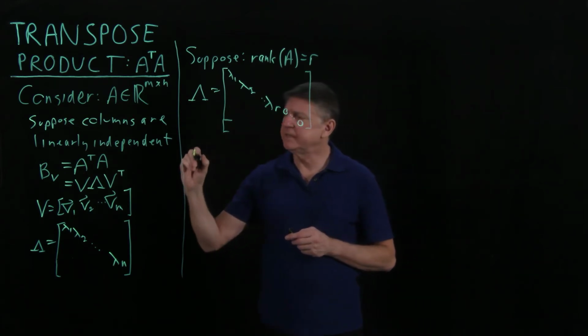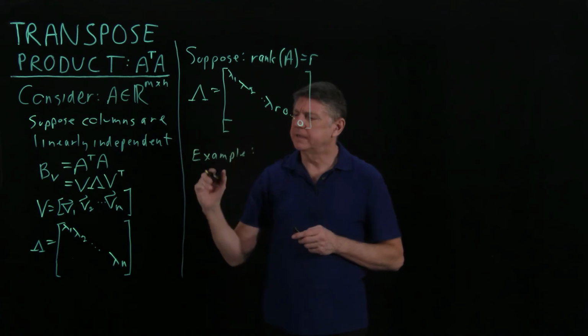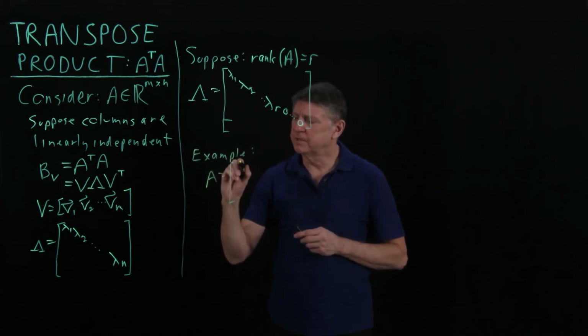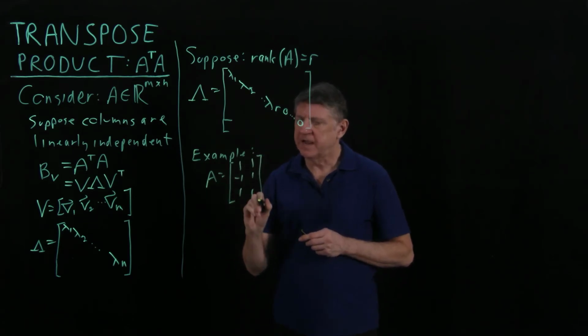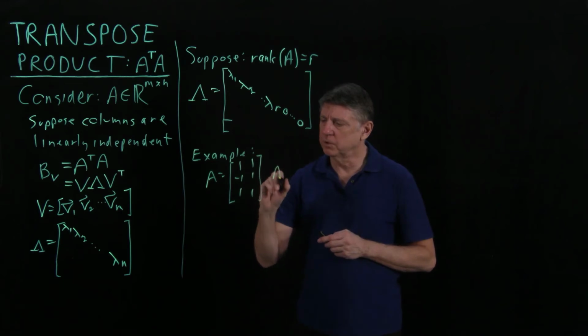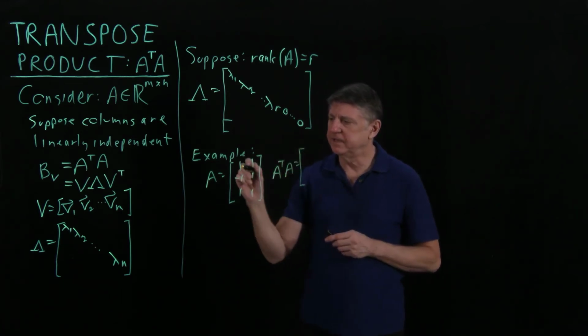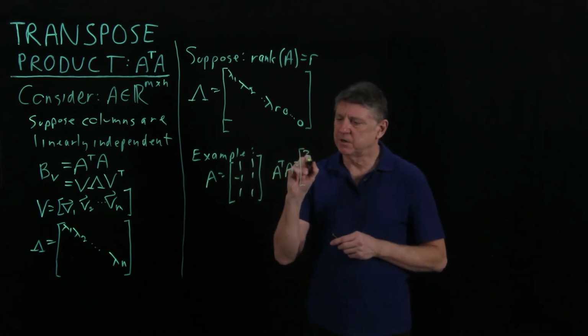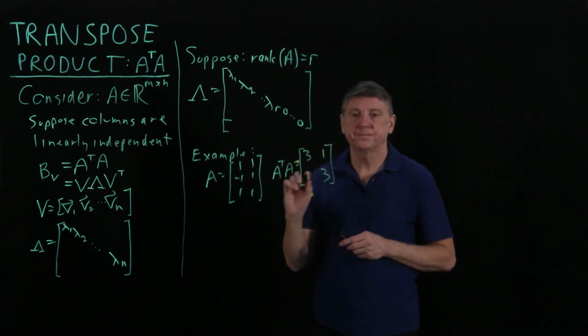So let's take an example that we've explored previously. Let's suppose that A has first column 1, minus 1, 1, and second column 1, 1, 1. From our previous work, we know that A transpose A has diagonal entries 3 and off-diagonal entries 1.